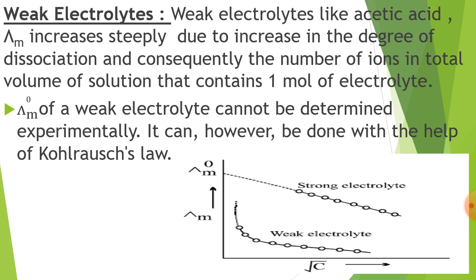So that's why for a weak electrolyte, molar conductivity increases sharply. For weak electrolytes such as acetic acid, lambda m increases steeply due to increase in degree of dissociation and consequently the number of ions in total volume of solution that contains 1 mole of electrolyte.